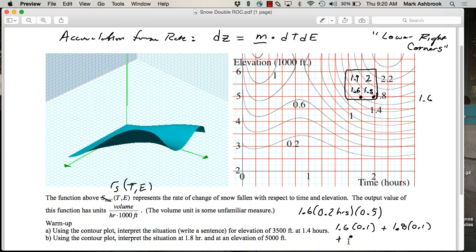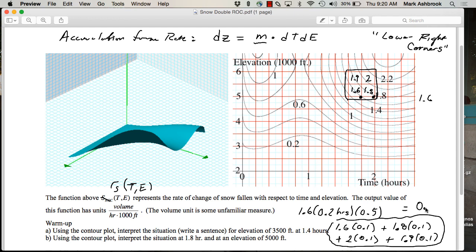Are you following? Anyone got an answer yet? So that's your calculation down here in the lower right corner, which is going to get you the accumulated snow between 1.6 and 2 hours from 5,000 to 6,000 feet on the mountain. A couple people have gotten 0.73.